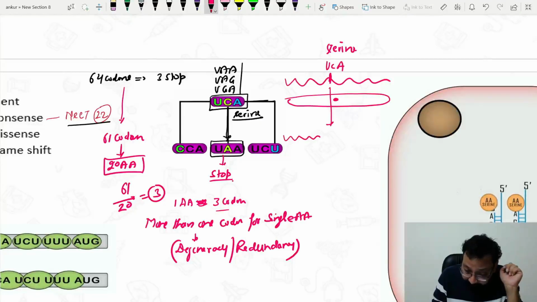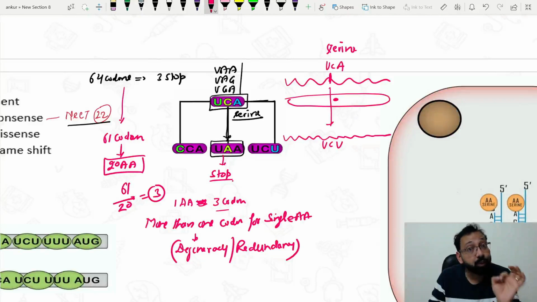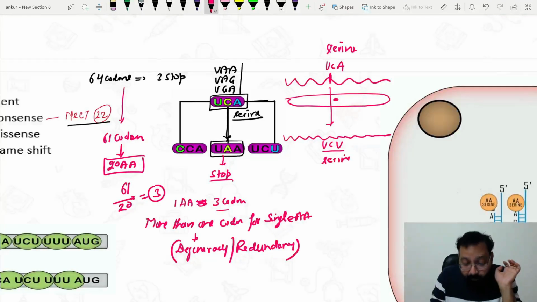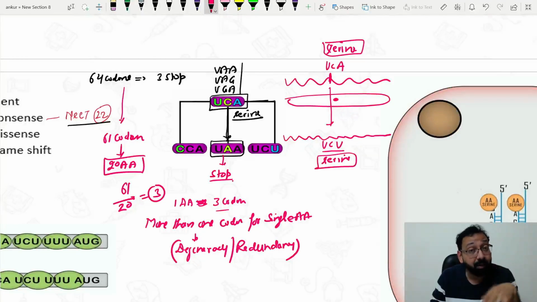After mutation, this UCA is converted to UCU, again coding for serine. So one codon coding for serine is replaced by another codon coding for serine. This is called silent mutation.